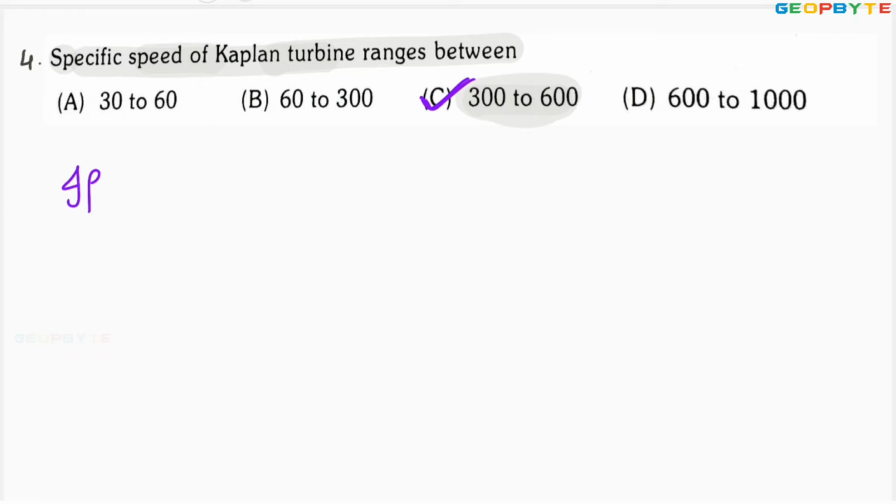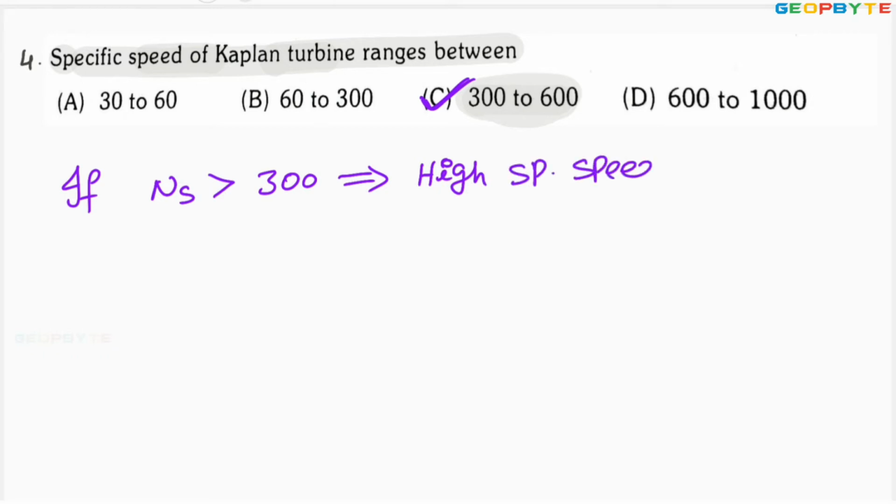Remember, if the specific speed is greater than 300, that kind of turbine is called high specific speed turbine. Example for high specific speed turbine: Kaplan and propeller turbine.